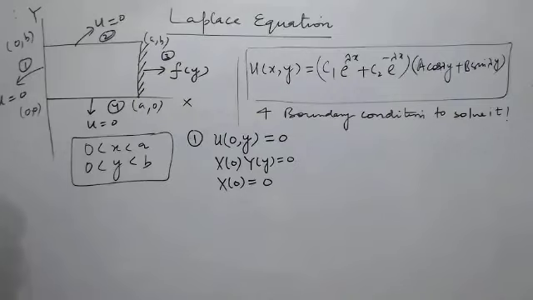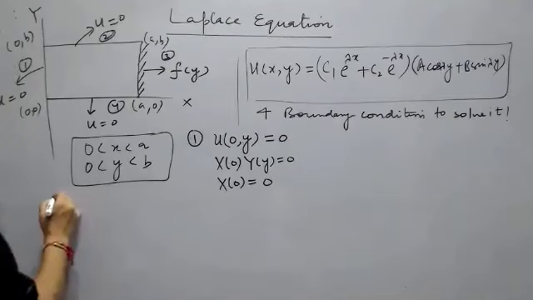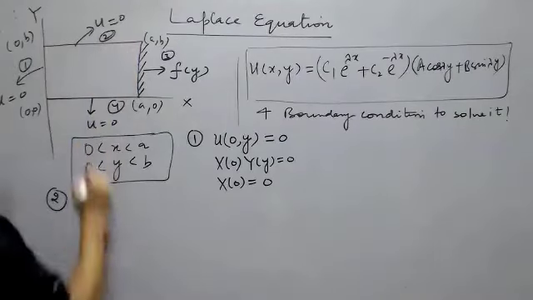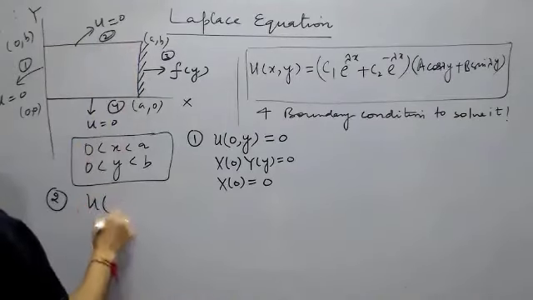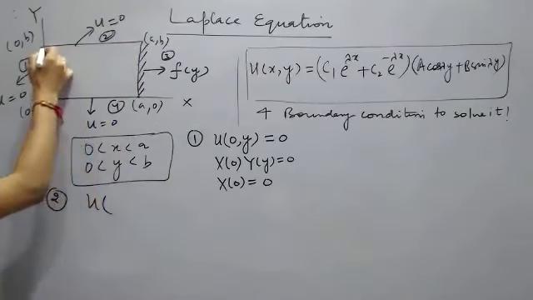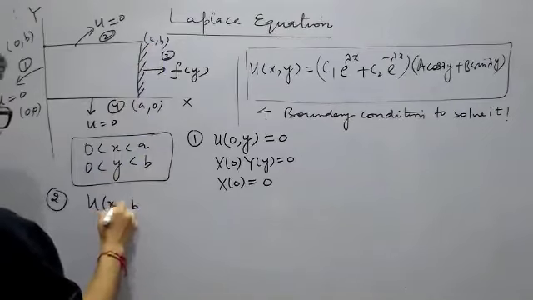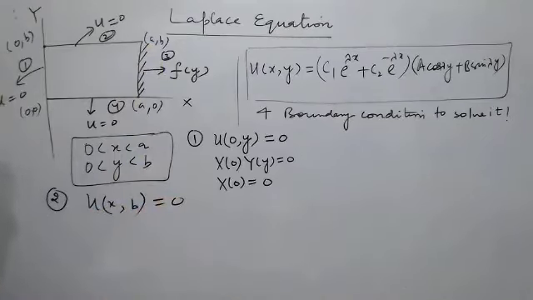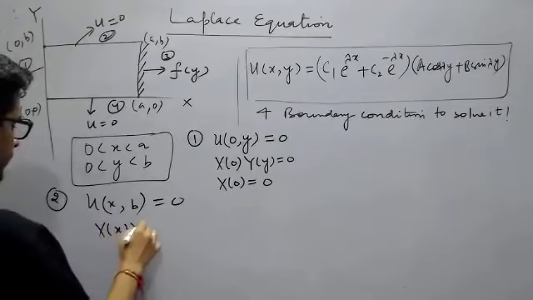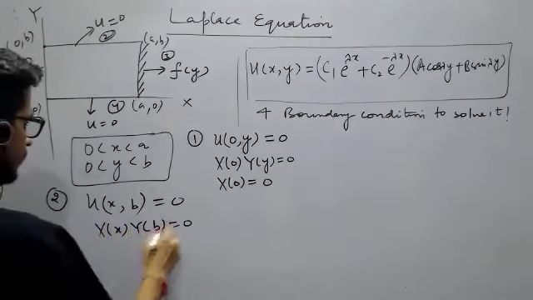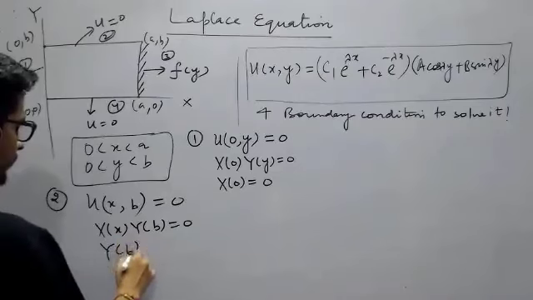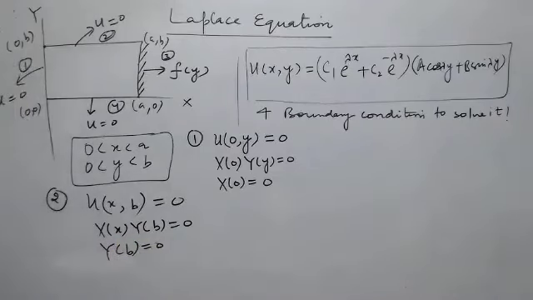Correct? Yes, sir. Now second. What is this? This is u of, what is the value of y here? b. So u(x,b) is 0. Correct? So X(x) and Y(b) is equal to 0, so that means Y(b) is equal to 0. This is the second boundary condition.